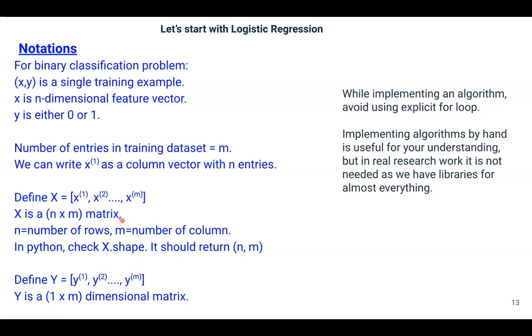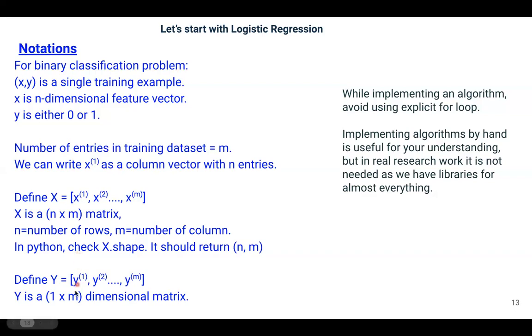One thing that becomes a little problematic when you write the code in Python is that the most common error people get is related to the dimension of the matrix. So it's a good idea to check the shape of the matrix when you are implementing these things.